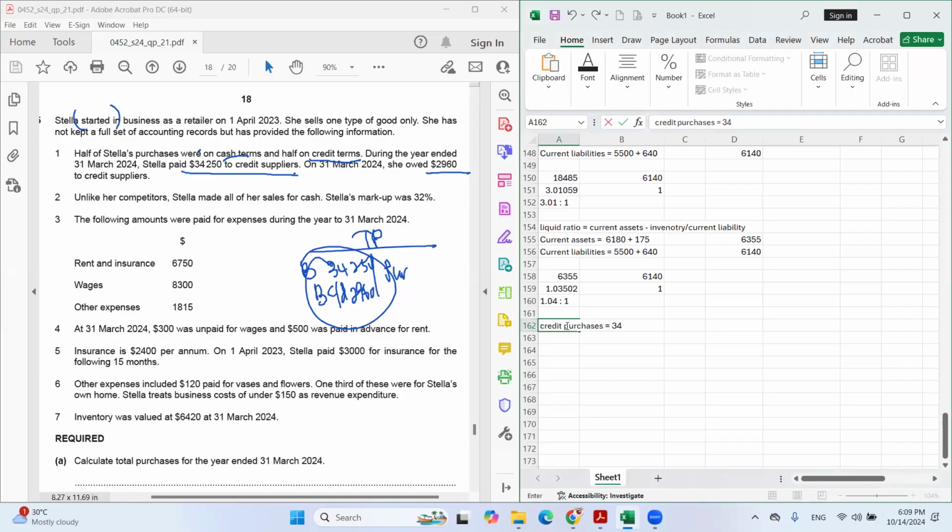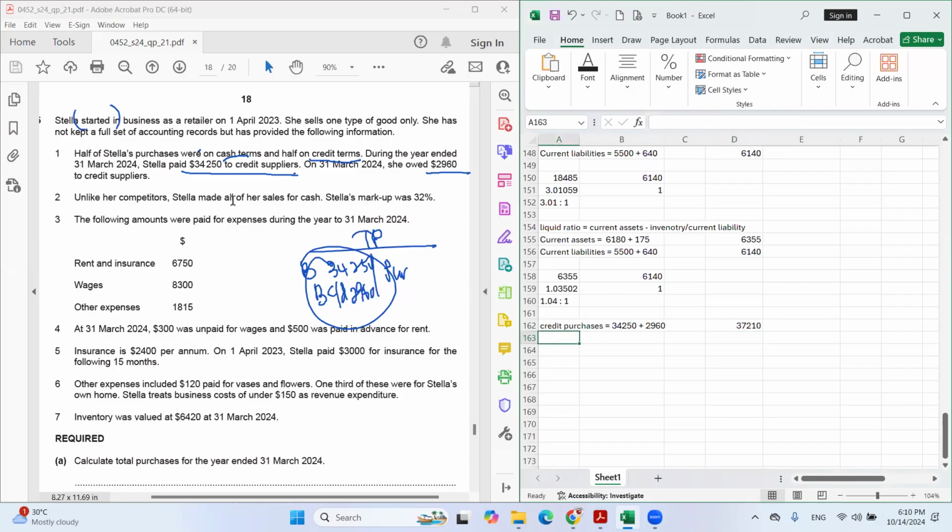is 34,250 plus 2,960, which is equal to, let's count first, 34,250 plus 2,960. Okay, this is credit purchases.